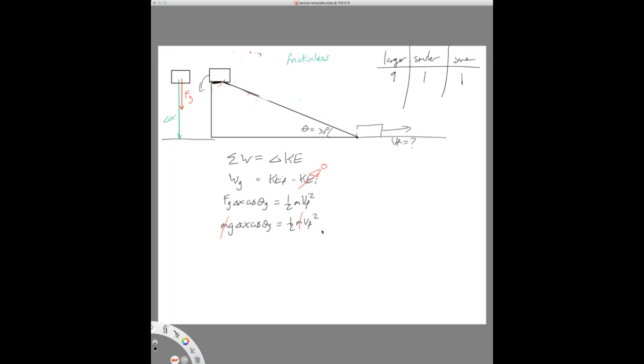So the algebra is the same. We're going to multiply both sides by 2 and take the square root. So we get the square root of 2g delta x cosine of theta g. This is exactly what we got last time, but the delta x is different and the theta g is different.